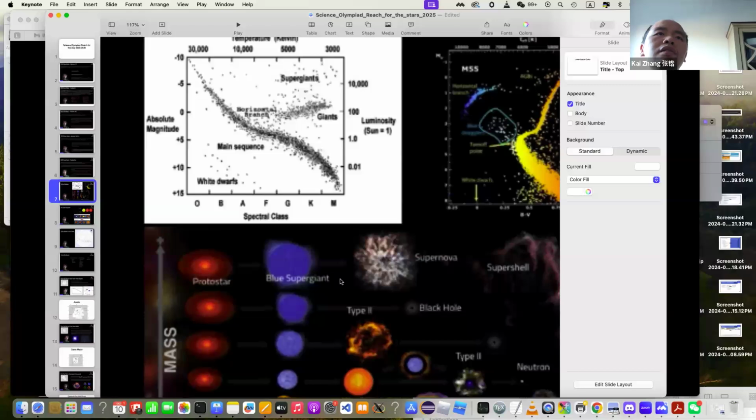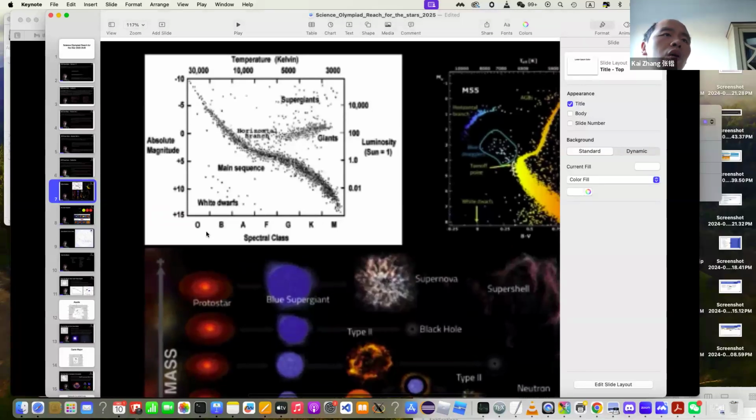So an O star means it's very young and bright, very big, young and bright. That is the main sequence here. And M means that it's very small and very cool. That is the M star.